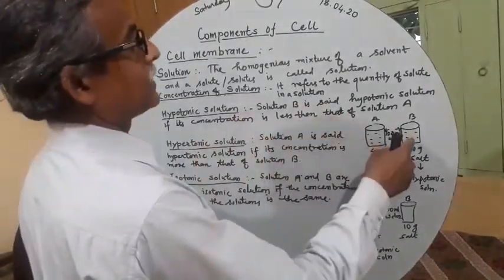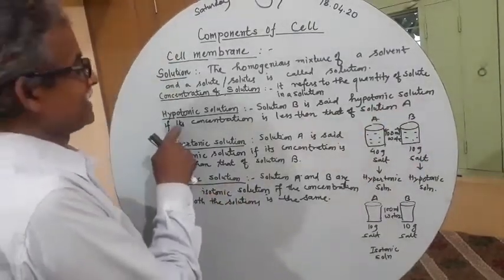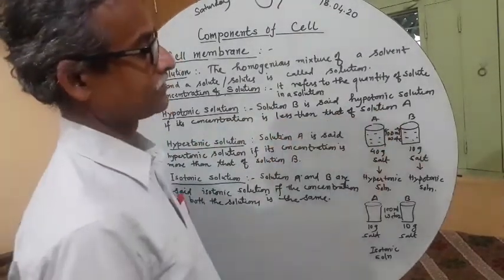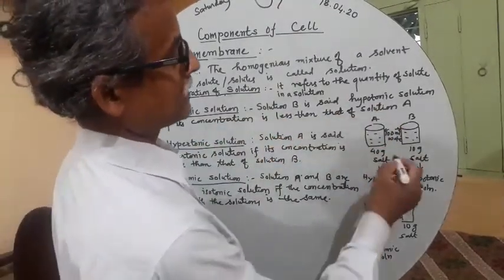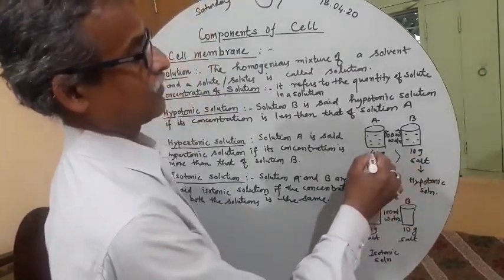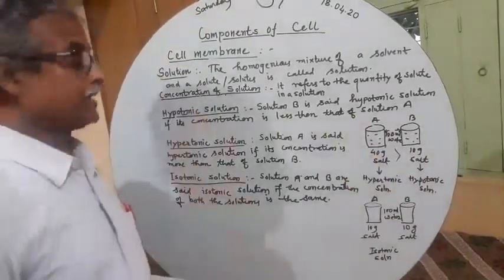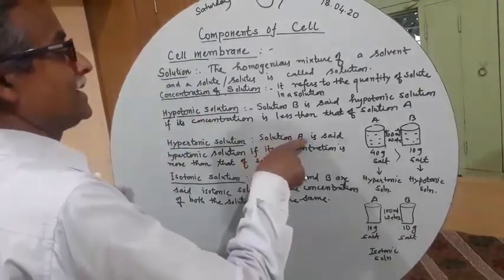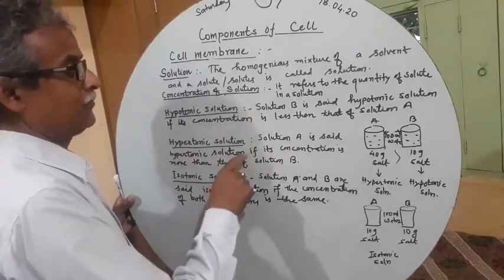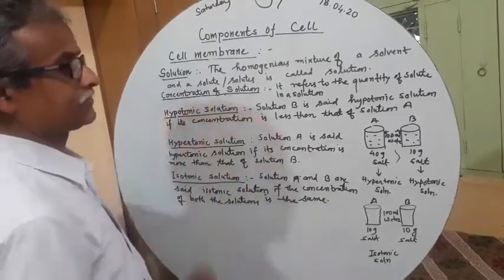Solution B is said to be hypotonic solution if its concentration is less than that of solution A. Concentration here is more than this. Just oppositely, solution A is said to be hypertonic solution if its concentration is more than that of solution B.